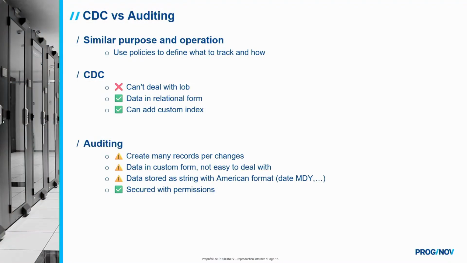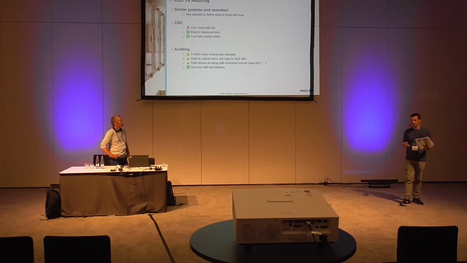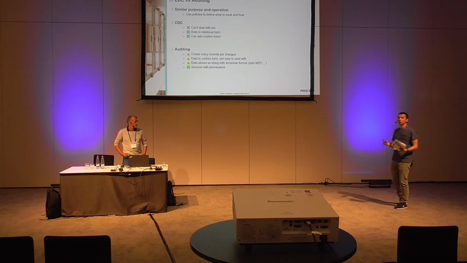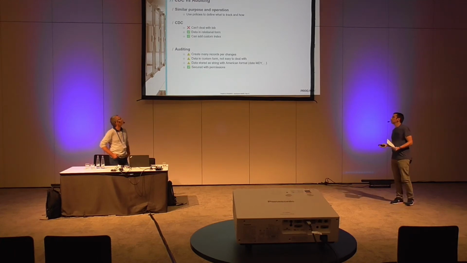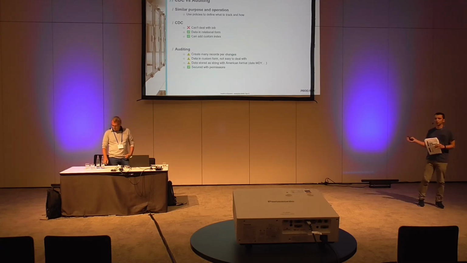So both features have similar purpose and operation. They both use policies to define what to track and how, but they have some differences. CDC, for example, can't deal with LOB fields, so maybe it could be a problem. CDC has easy to read data because everything is stored in relational form.